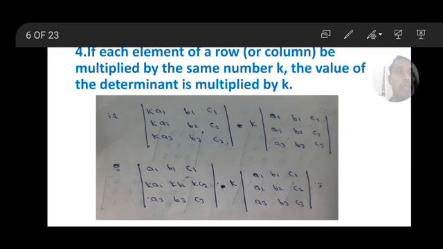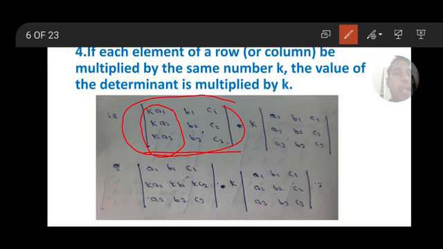Let me show the example. Suppose in this first determinant, every element of the first column is multiplied with k. Then this determinant value is k times the determinant A1 B1 C1, A2 B2 C2, A3 B3 C3.